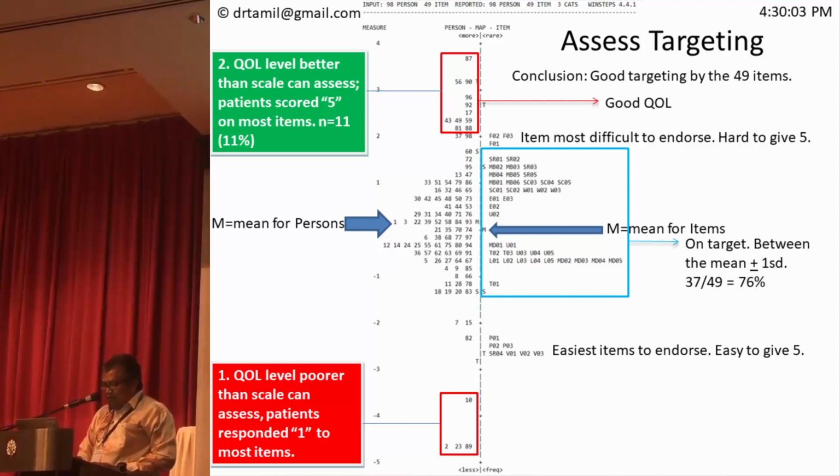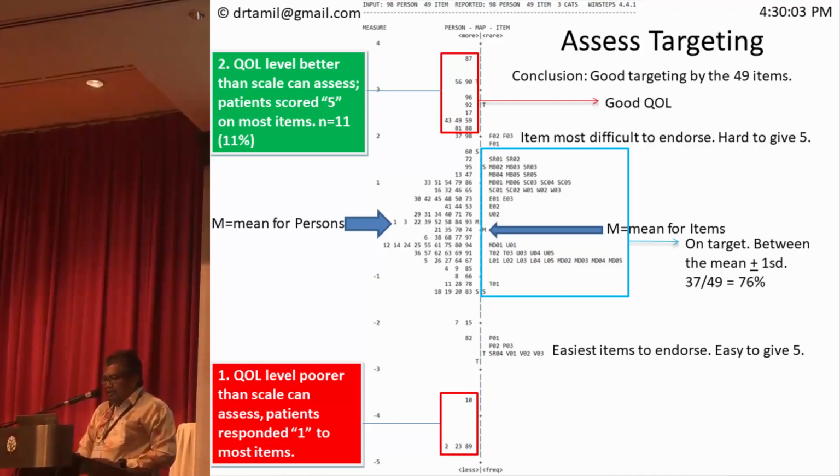The lower the item, the easier for the student to give 5. For the ability, since this one is measuring quality of life, the higher the score, the higher the quality of life. The lower the score, the lower the quality of life.